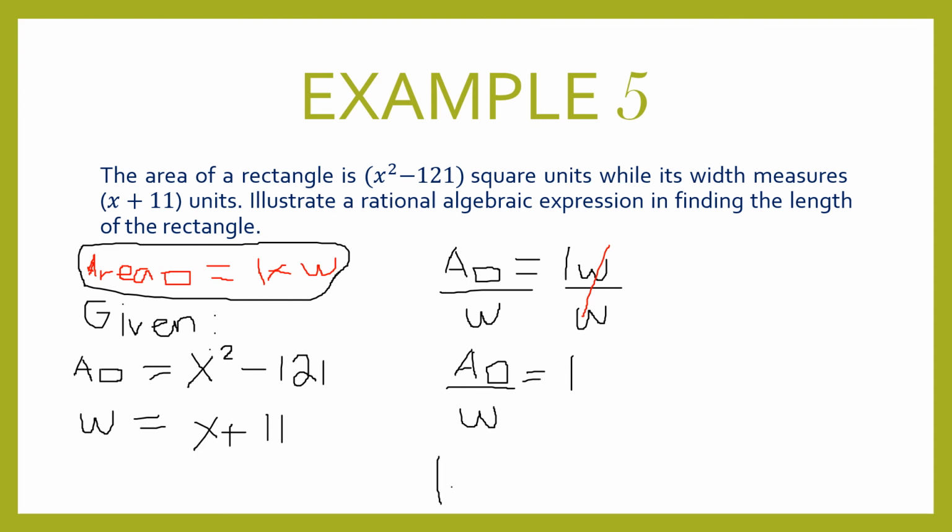Length equal, kanina, ano ba yung ating area ng rectangle? So, ito yung ating area ng rectangle. Isusulat mo lang. So, we have x squared minus 121 over, ano ba yung width natin?